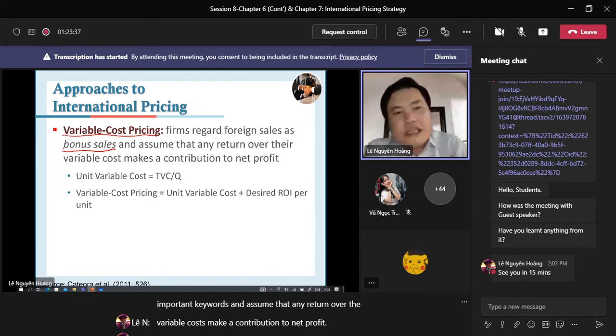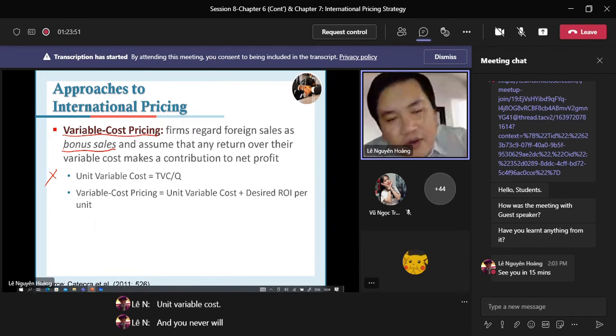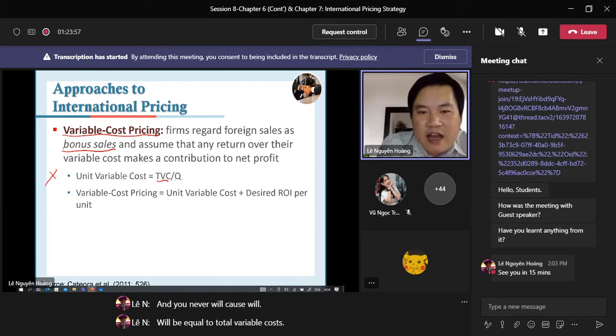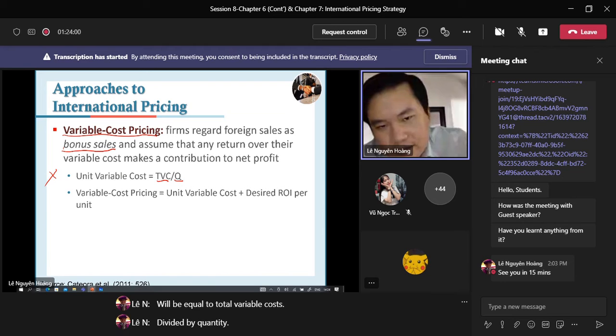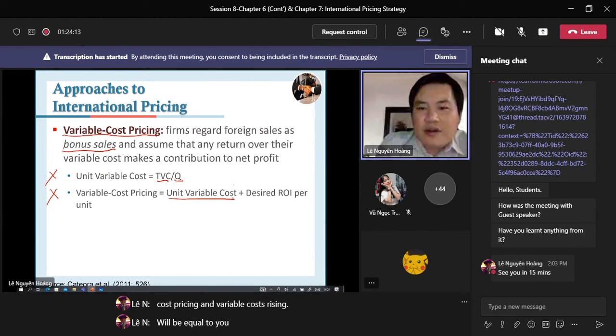To calculate variable cost pricing, first we calculate unit variable cost, which is total variable cost divided by quantity. Then variable cost pricing equals unit variable cost plus desired return on investment per unit.